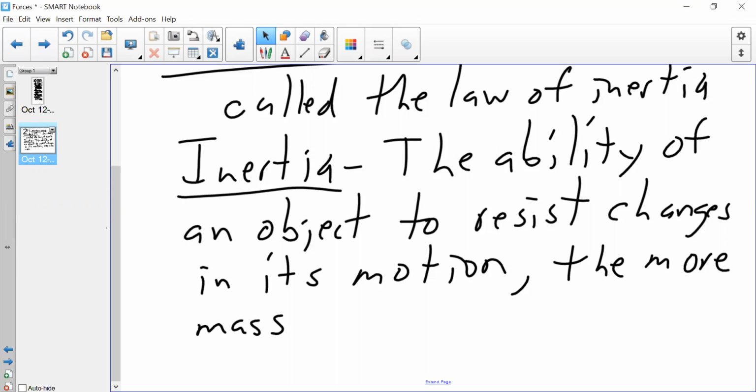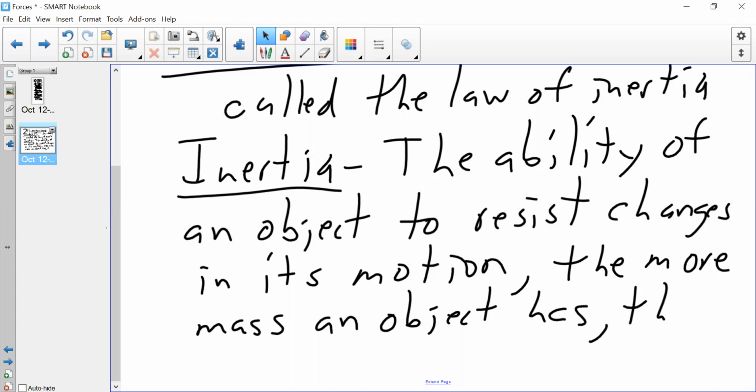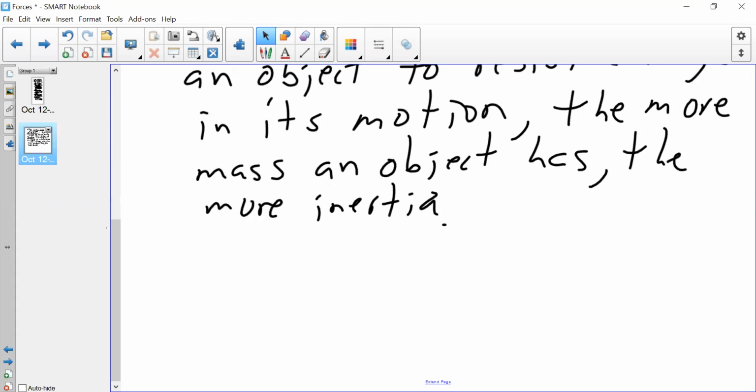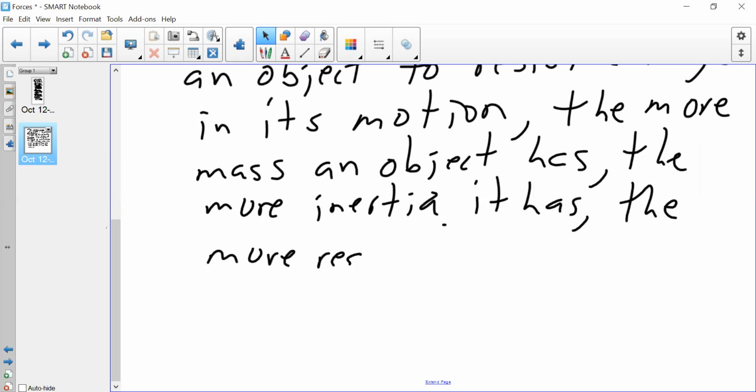The more mass an object has, the more inertia it has, therefore more resistance to a force.